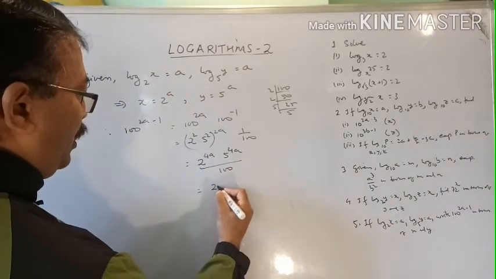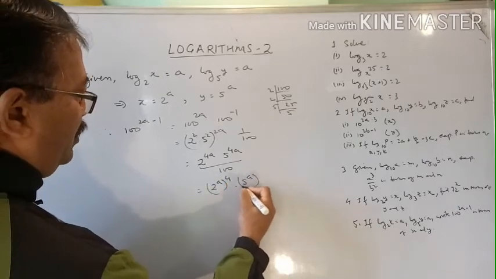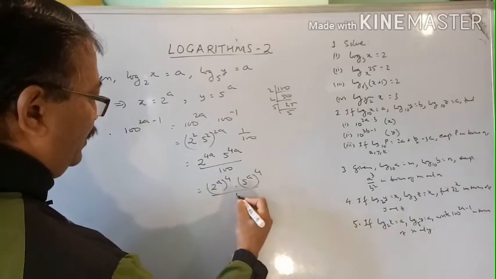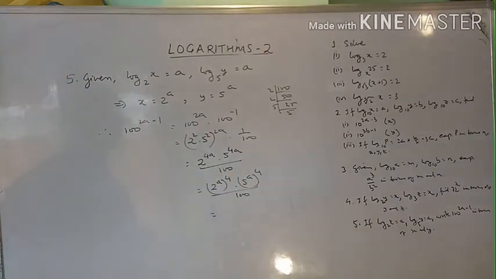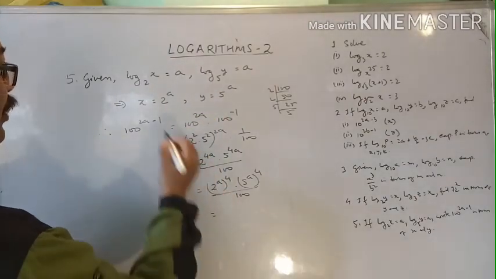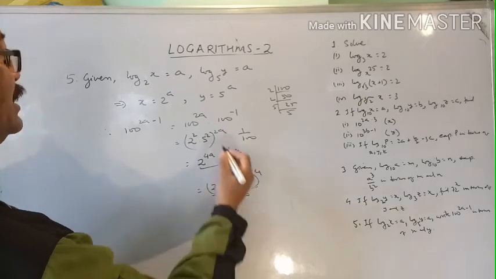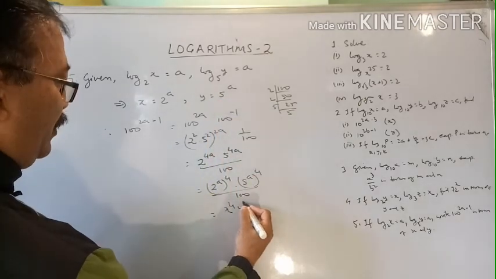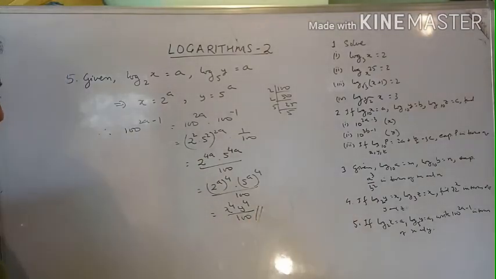So 2 to the power a to the power 4, 5 to the power a to the power 4 by 100. Now we can replace 2 to the power a and 5 to the power a by x and y respectively. So 2 to the power a is x, so x to the power 4, and 5 to the power a is y, so y to the power 4 divided by 100. So this is the answer.